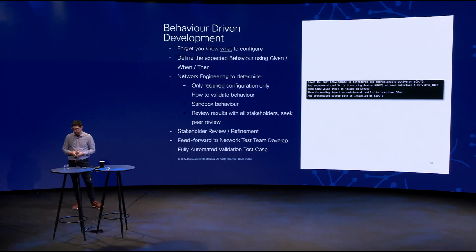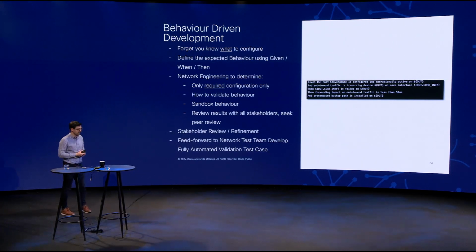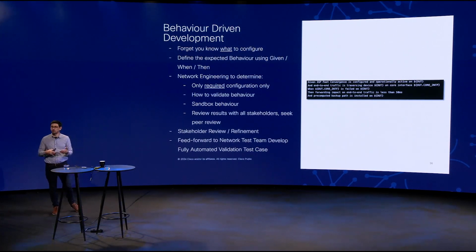I talked about BDD a second ago. This is an approach that software developers use when they're designing the requirements for a specific feature or user story. And we decided to trial this against network feature testing, where we said, what if instead of saying this is some configuration or this is a test case, let's describe the expected behavior.